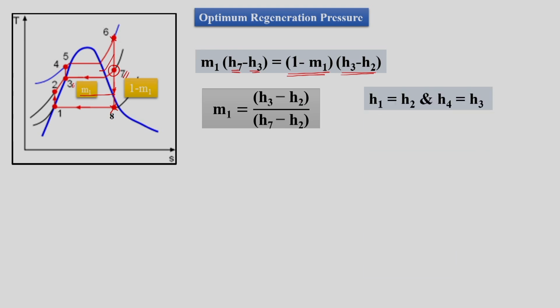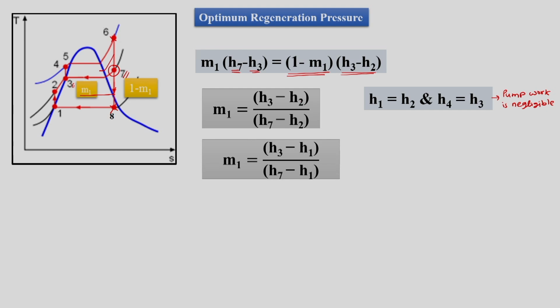Now we will take some assumptions. The very first, which is generally made, is that H1 is equal to H2. Pump works are negligible. Similarly, H3 is equal to H4. So practically we say that pump work is negligible.